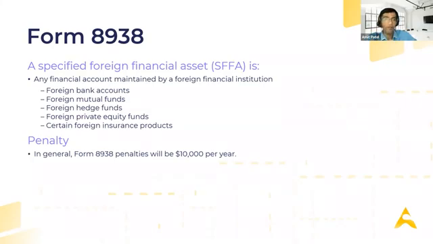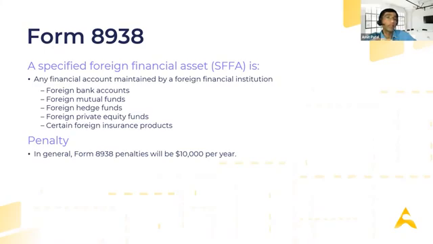So it is a much broader definition, and the thresholds are much broader compared to FBAR. If you see the form, there are various parts and you need to report much more information compared to FBAR. You need to report whether you opened the account during the year, closed the account during the year, whether you reported the income from the account, and a summary of the items that you reported on the tax return, like interest, dividends, capital gains, any foreign tax credits or anything.